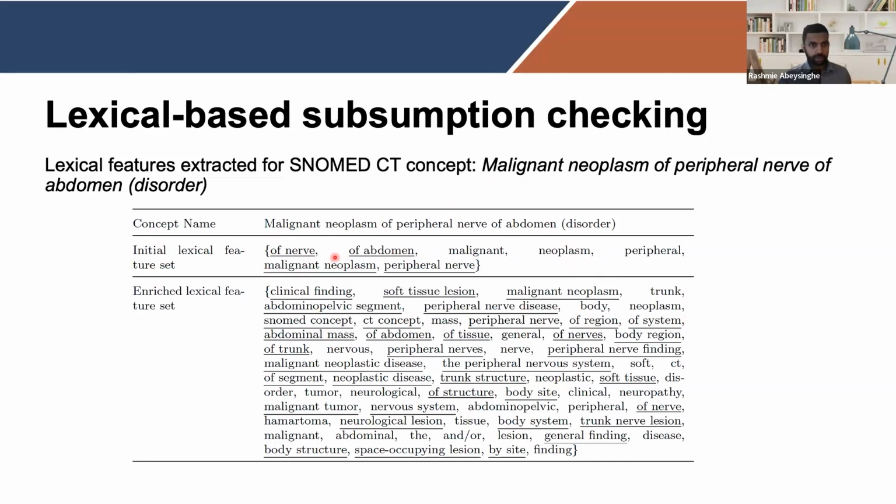You have "of nerve of abdomen," which was obtained through dependency parsing, and then "malignant neoplasm" and "peripheral nerve," which were noun chunks or phrases, and "malignant," "neoplasm" and "peripheral," which were single words. And then you have the enriched set of lexical features containing all such lexical features of its ancestors.